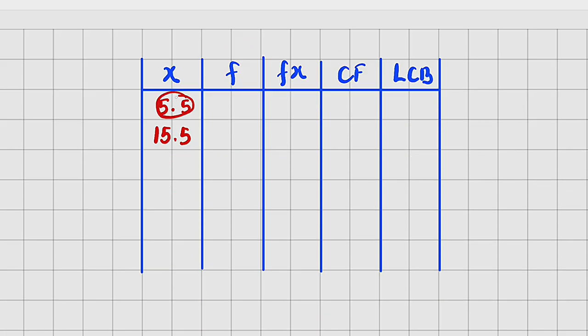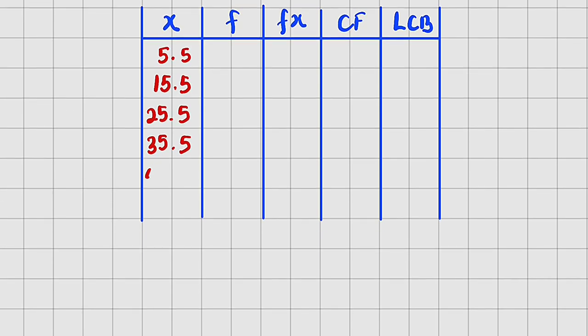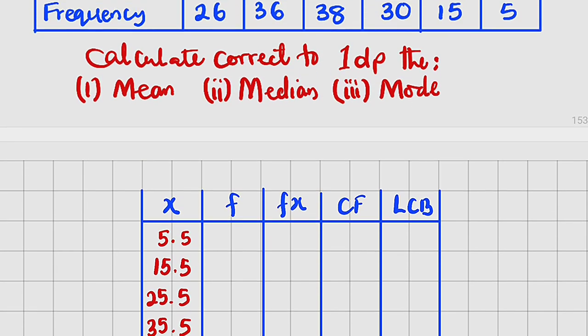Adding 10 to 15.5 gives us 25.5. Add 10 here, you have 35.5. Add 10 again, we have 45.5. And lastly, we have 55.5.